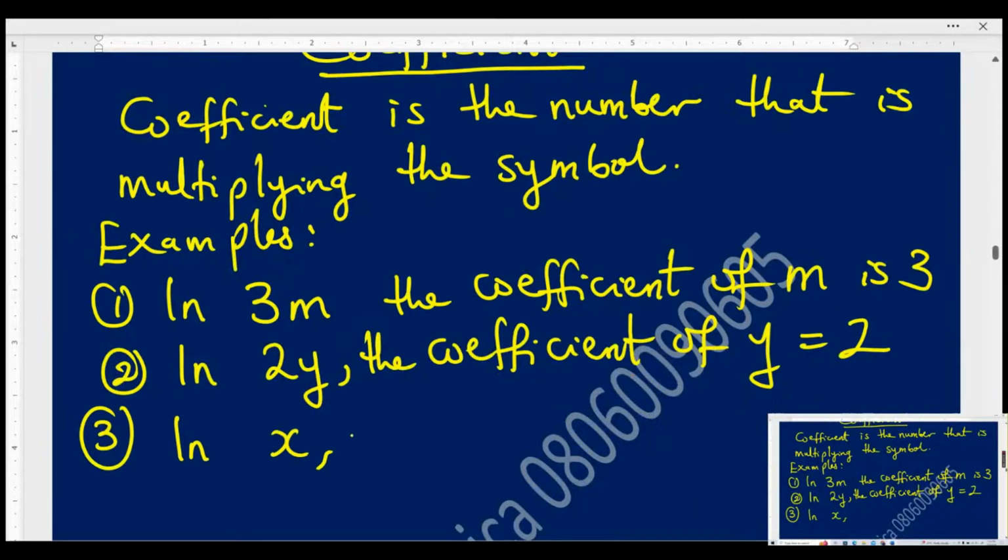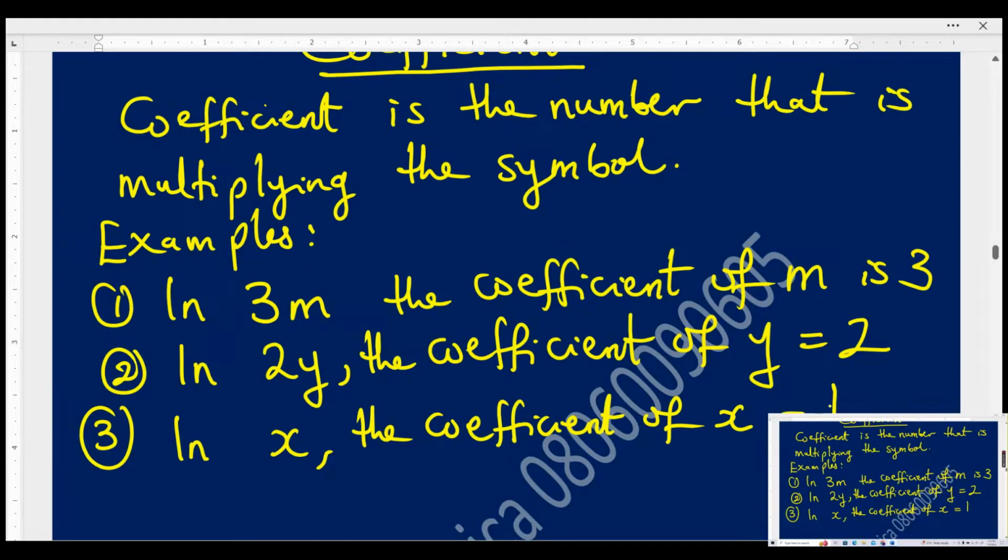In x, the coefficient of x is equal to 1. So when you see a term standing on its own and you are not seeing any number beside it, it means that the coefficient of that term is 1. The coefficient of that symbol is 1. I will repeat.